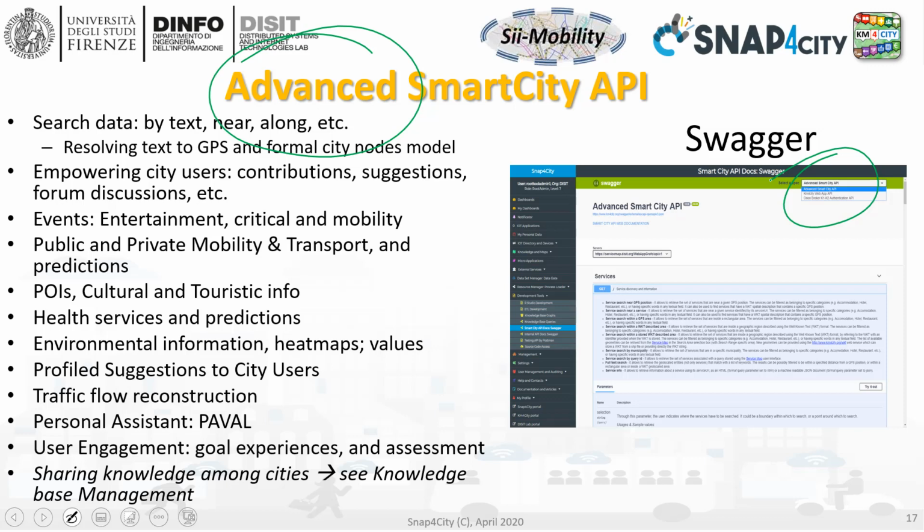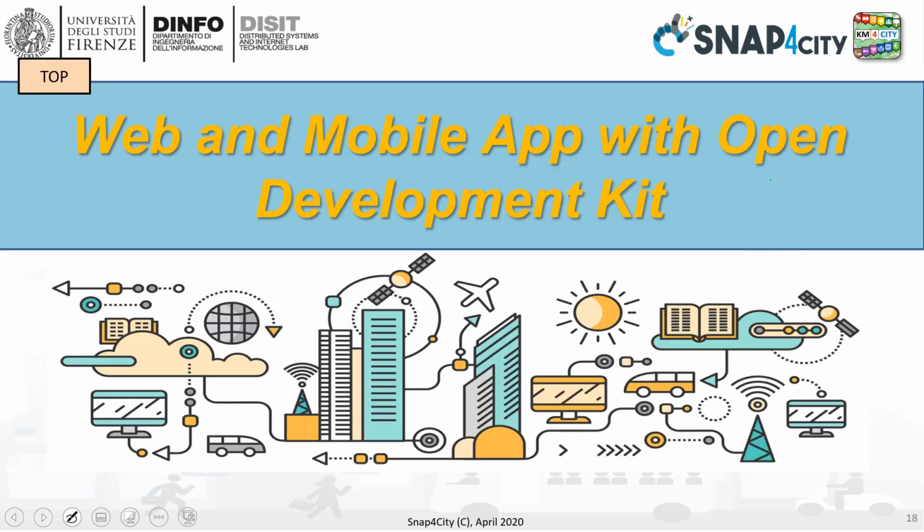Health services and predictions about the services, environmental information, heat maps also, status of pollutants or pollination. You can get a profile with suggestions for the city user. You can get traffic flow reconstruction. You can get information from the personal assistant and also engagement from the engagement tool. So it's possible to federate these APIs with the other cities.